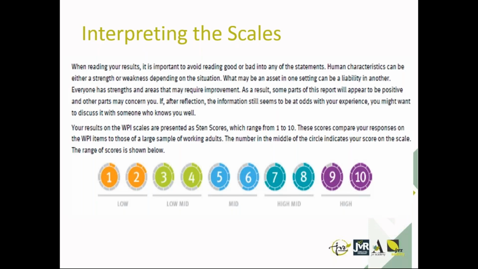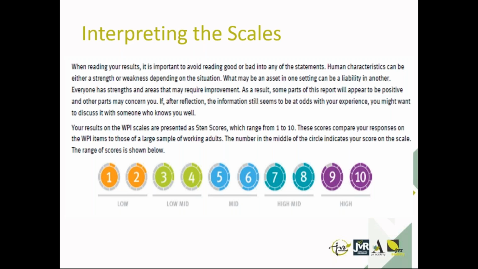This is taken specifically from the report, and I think it's a great write-up that they include. If you use the report with feedback to your candidate, or just as something for you as the practitioner to remember when interpreting the scales, it is so important to avoid reading either good or bad into any of the statements.